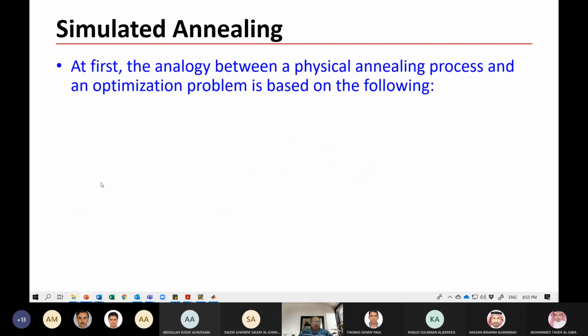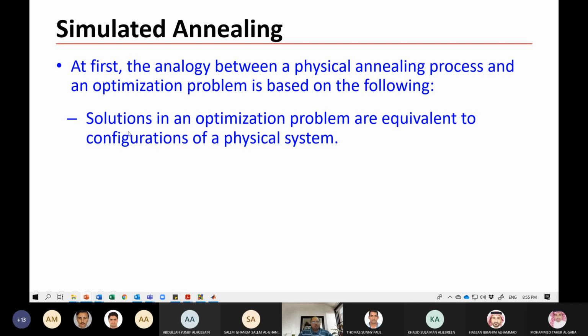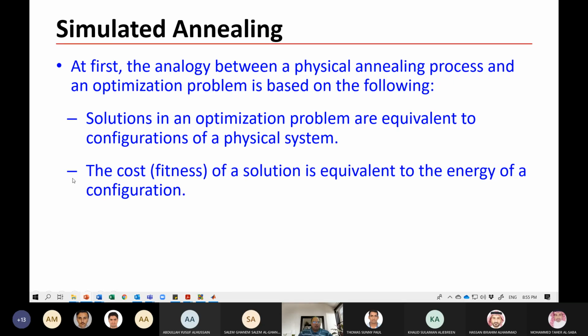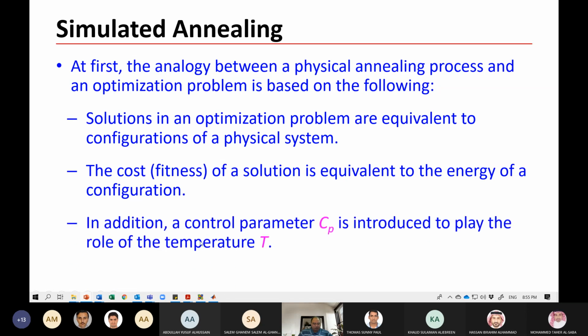Analogy. At first, the analogy between the physical annealing process and the optimization problem is based on the following. The solutions in an optimization problem are equivalent to the configurations, so the configuration is simply the solution. The cost, fitness or objective function of a solution is equivalent to the energy of the configuration, EC and ET, the energy of the current or the trial configuration, as we mentioned earlier.